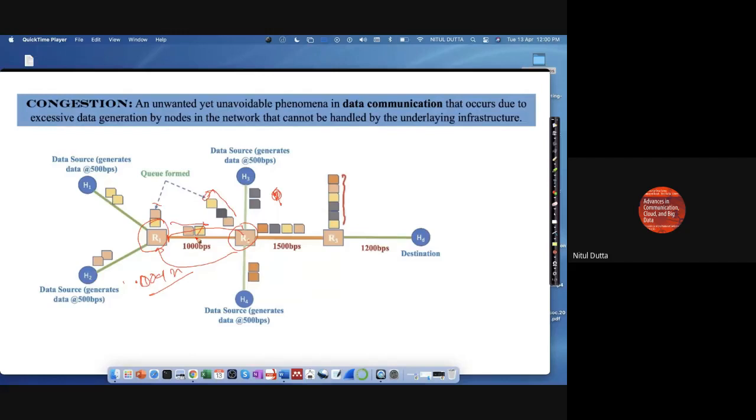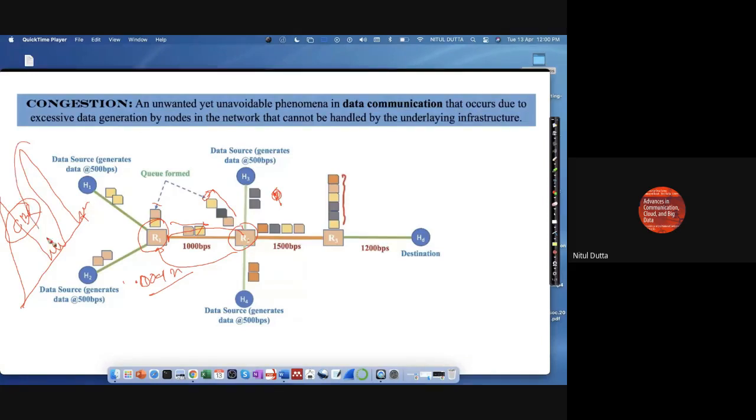Again, there are two things. If the data pattern is constant bit rate, meaning the data flow is constant, then it may be possible in some cases. However, CBR, constant bit rate data transmission, is very rare. Normally, say this is the timeline, data comes like a peak, then there is no data for some time, like this.